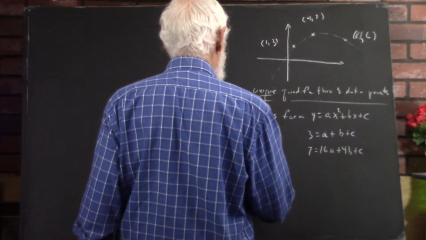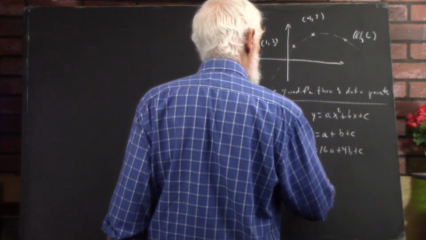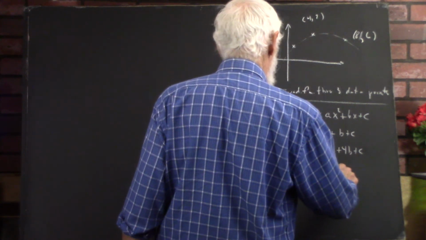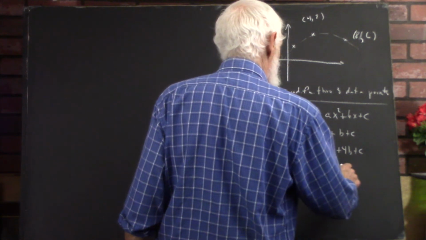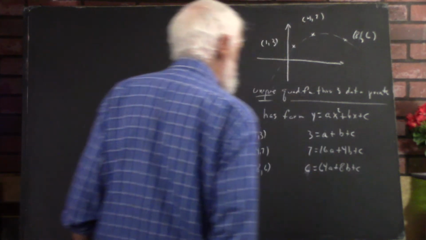Then the point (8, 6) tells us that 6 equals 64a plus 8b plus c.